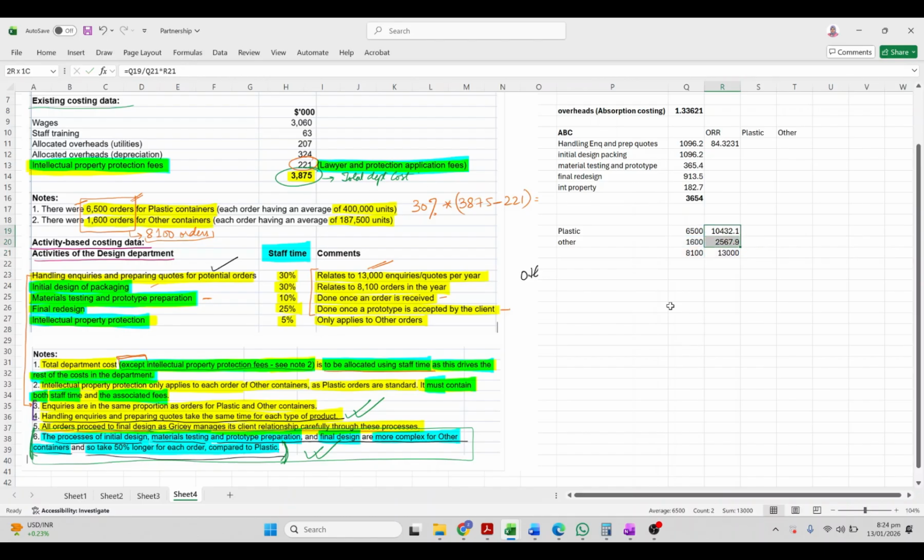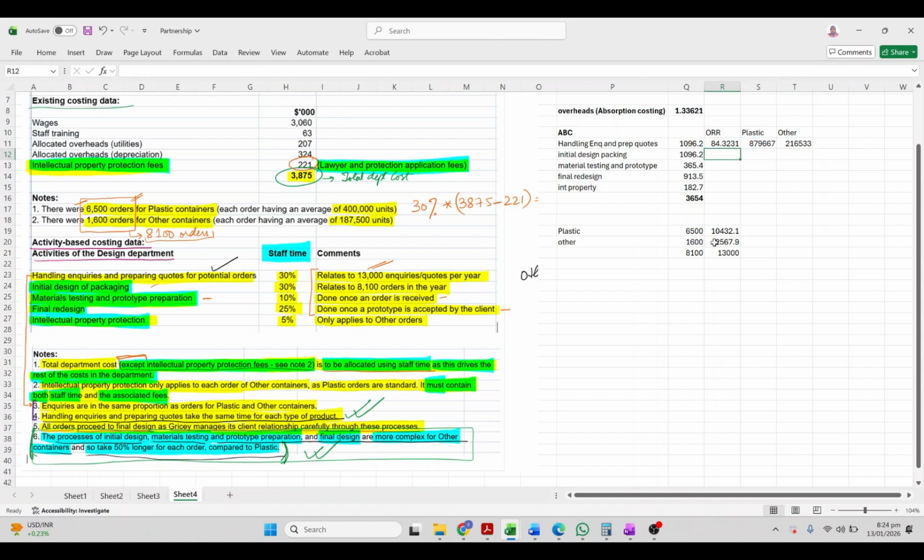I hope this total will give you 13,000. Yes, it's 13,000, right? So what we can do here is 84 multiplied by this figure for plastic, and then 84 multiplied by this figure for other.